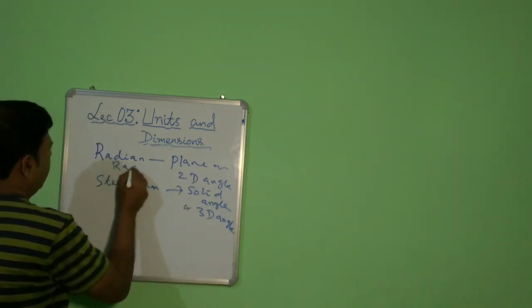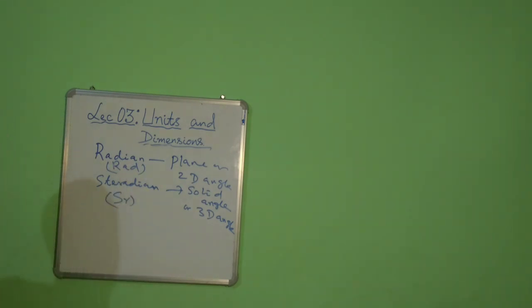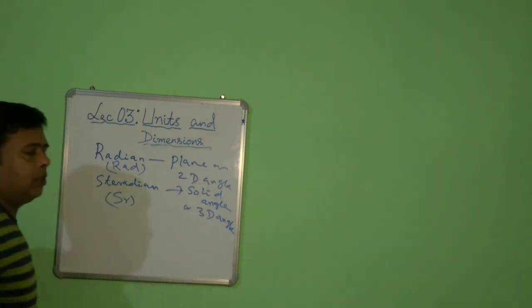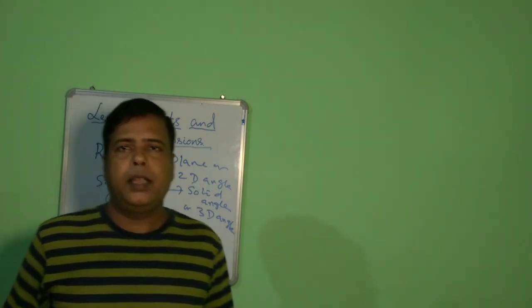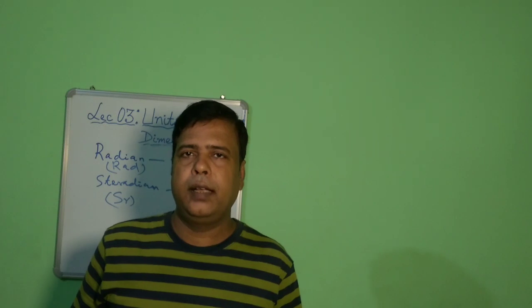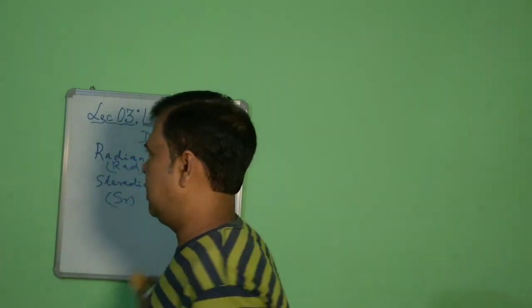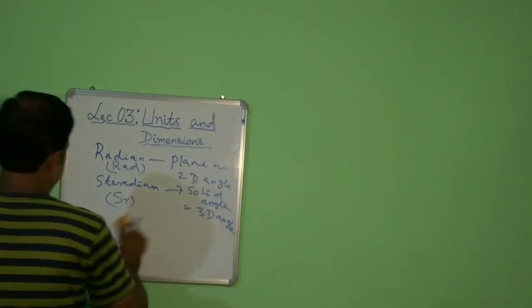Radian symbol being rad and steradian symbol being sr. These 2 supplementary units we will study. For measuring plane angle there is of course another unit, the degree, which is also used for measuring plane angle, but that does not come under the SI system of units. This radian is an SI unit.